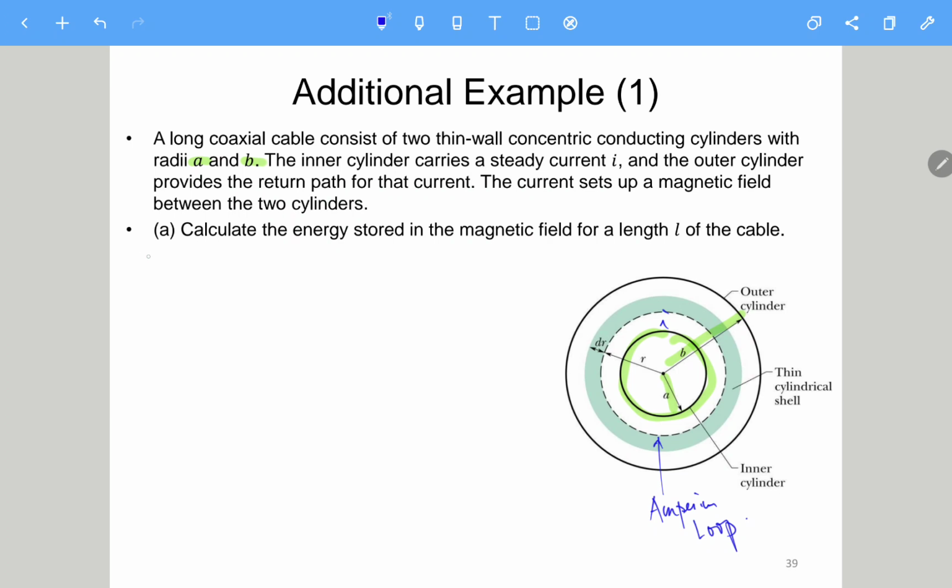So here we can write out Ampere's law: the integral of B dot ds equals mu naught I enclosed, which is actually mu zero I, because this static current is I.